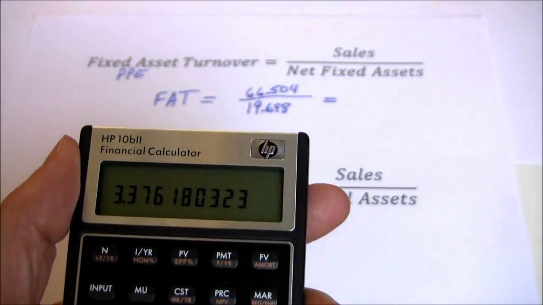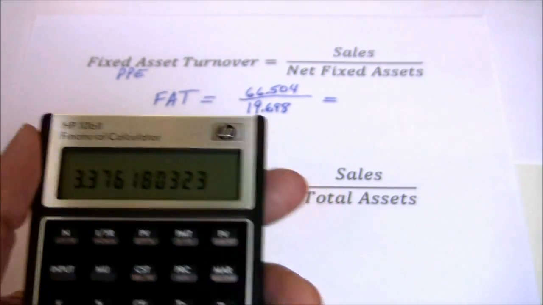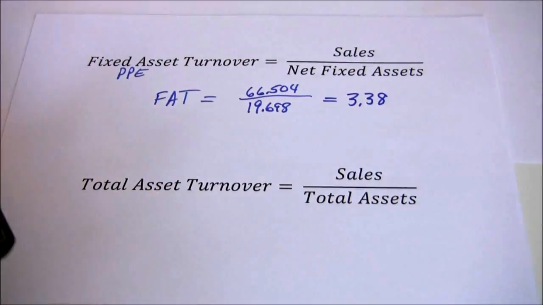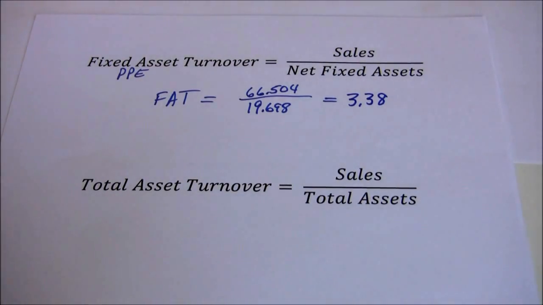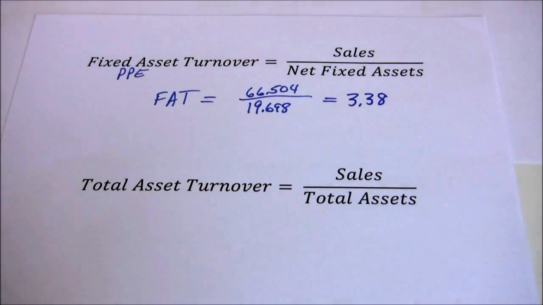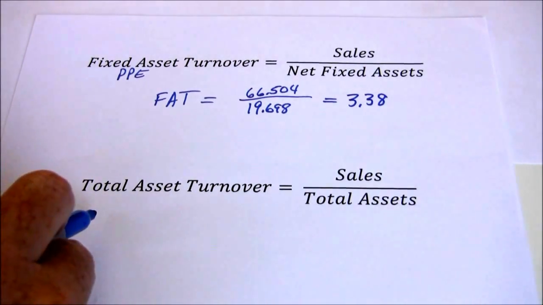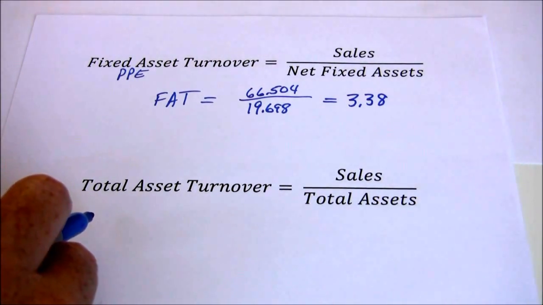It's going to give us a value of 3.38. And again, context is how we're going to interpret that. We want it to be higher rather than lower, but what's a good value? We need some comparisons of competitors, industry average, what has the company itself done in the past in order to interpret that.